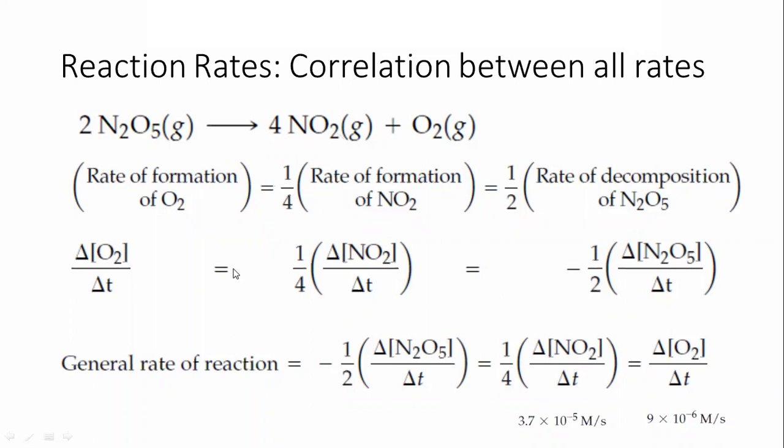What we have done with the equalization of the rate of reaction is divide this one by 4 to equalize the rate of formation of NO2 with the oxygen. So again, there are two options: you have to multiply by 4 or divide by 4, whenever the rate of any one of the products is given.